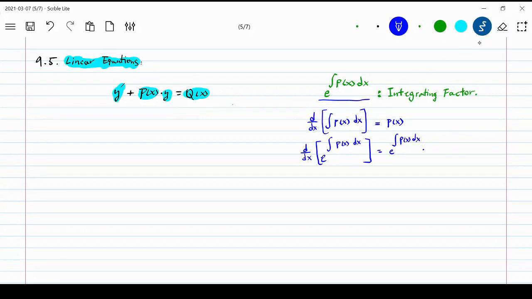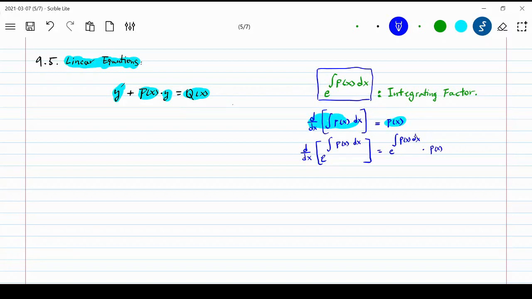The derivative of the exponent would be simply p of x. So we multiply by p of x. This is the derivative of e to the power integral of p of x dx.